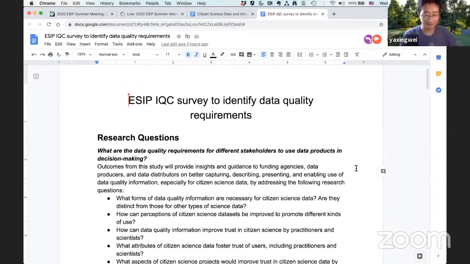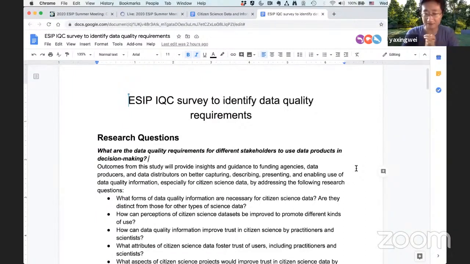And the direct research question that we want to address in this survey is to find out what are the data quality requirements for different stakeholders to use data products in decision making.